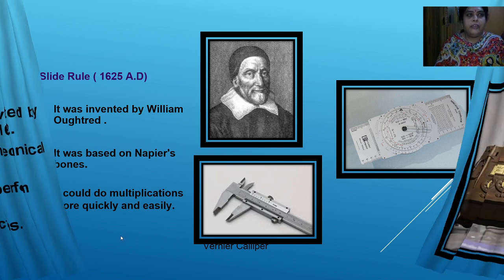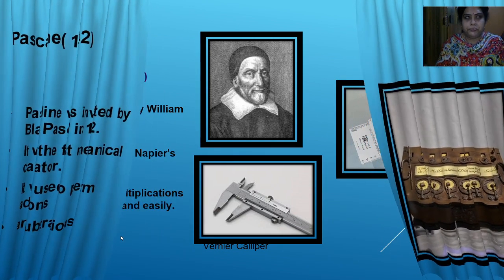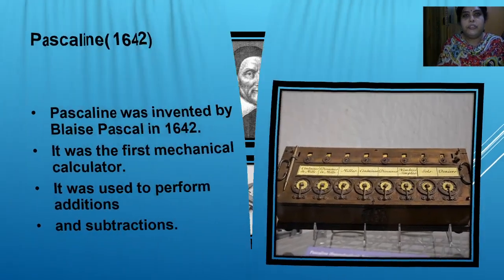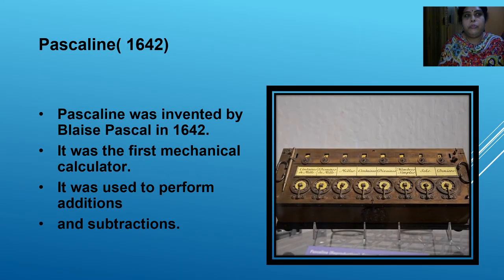Then the important development which was made by Blaise Pascal in 1642. It was considered the first mechanical calculator. It was made up of gears and it was mainly used for addition and subtraction. So Blaise Pascal invented this calculating machine known as the Pascaline.